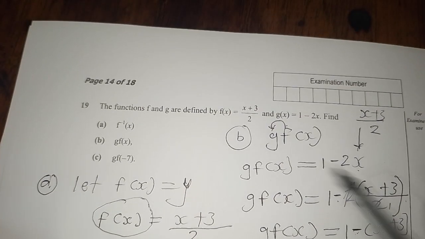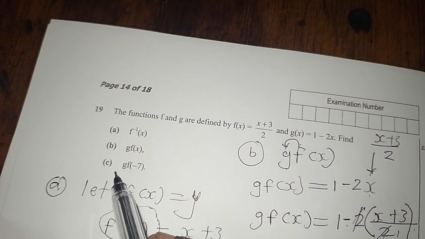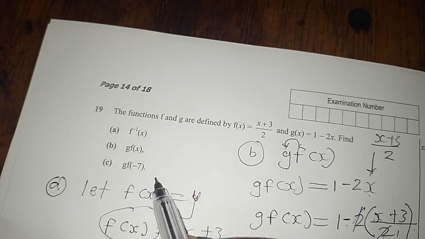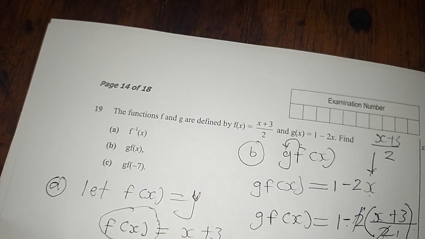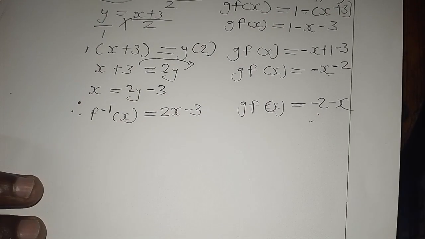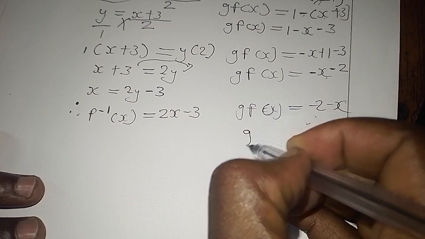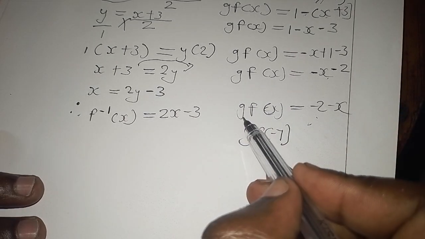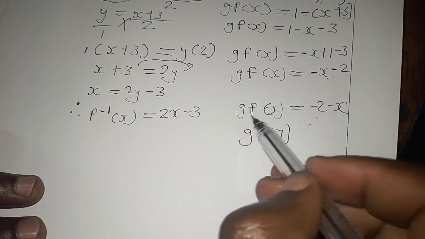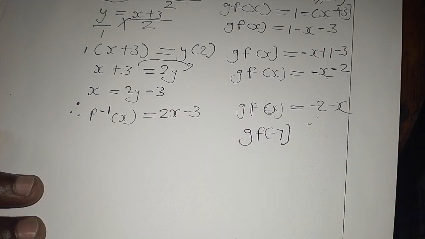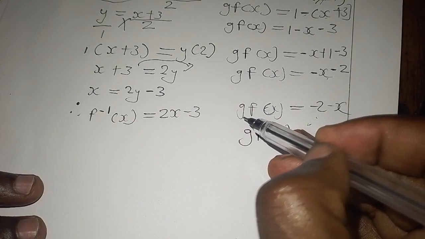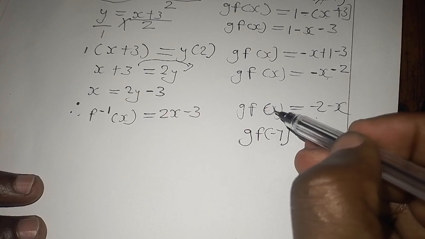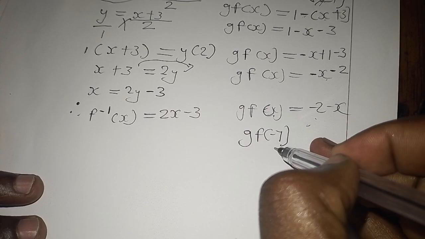Okay, let's look for this one. So we are going to find g f negative 7. So this one is the easiest. What you do, you are going to write g f negative 7 under this g f of x. Why under g f of x? So that we can compare. If you compare this g f of x and g f negative 7, you find that where there is x here, they have substituted with what?